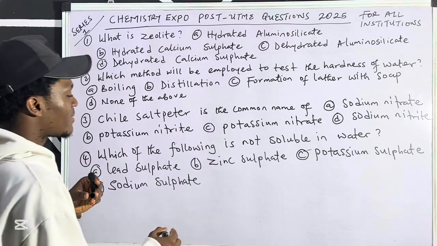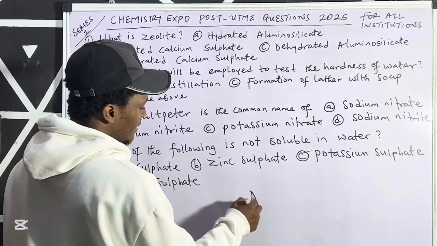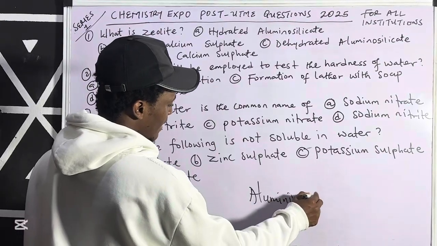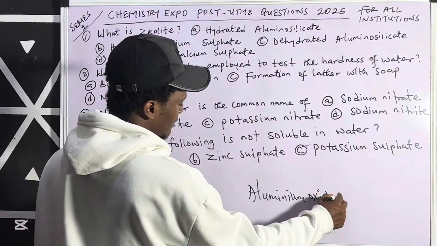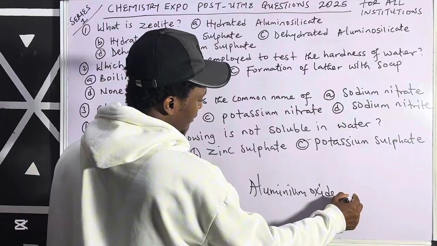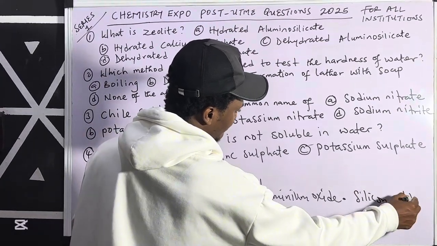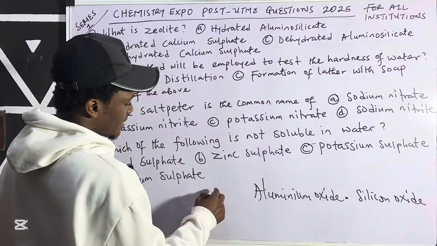Zeolite is actually an aluminium oxide in combination with silicon oxide and a metal.